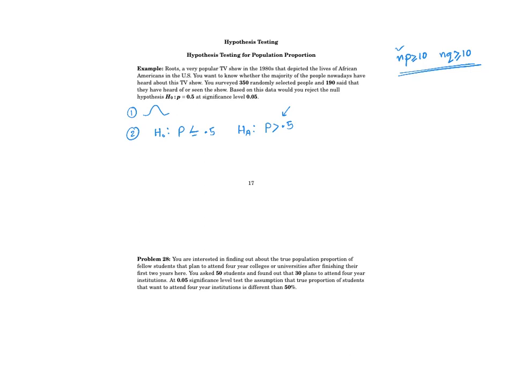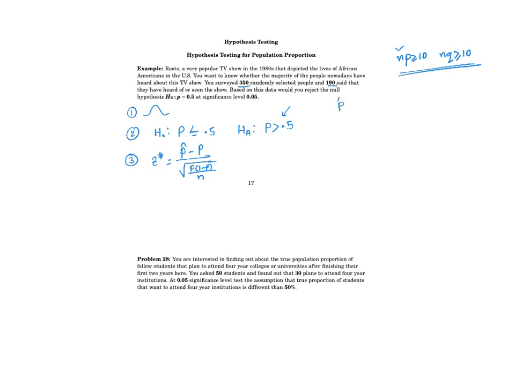And step number 3, you need to find the test statistic, which I write as Z star, equal to P hat minus P over the square root of PQ over N, where Q is 1 minus P. Now P hat is something you have: out of 350 you surveyed, 190 said that they have heard of it.